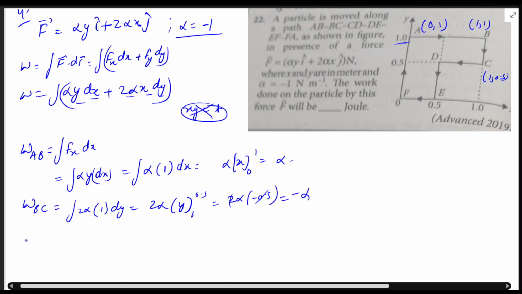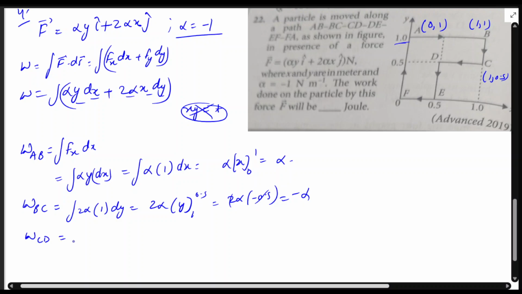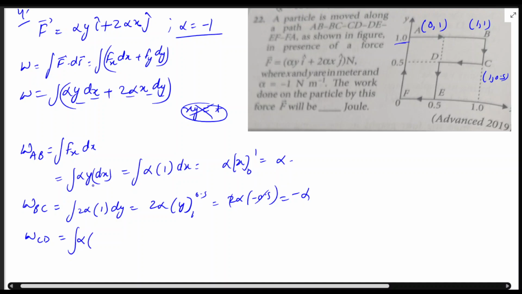Okay. Next, work done from C to D. So from C to D, again, the y component is not changing. So it will be alpha y, y will be 0.5 into dx. So we'll get alpha into 0.5 and we will have dx.